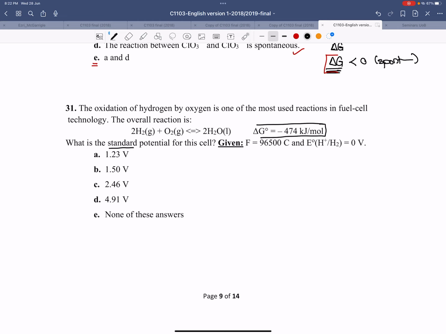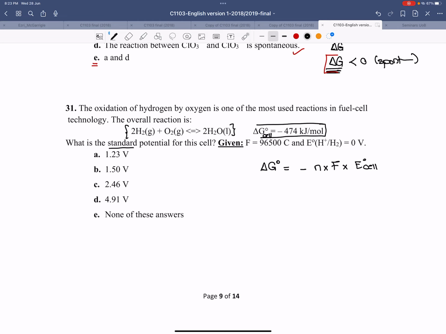There is a very simple rule that combines delta G0 of this cell, because this is given for a cell that contains both the oxidation and reduction reactions. So delta G0 is equal to negative the number of moles of electrons exchanged times Faraday's constant times E0 of the cell.